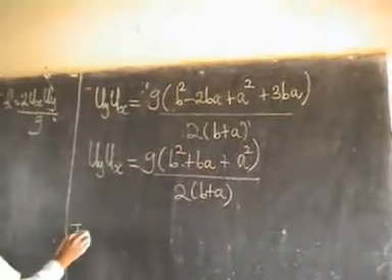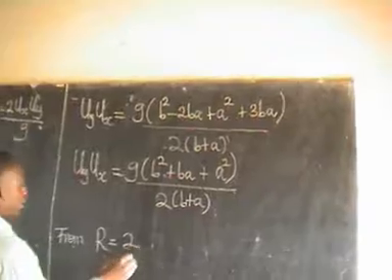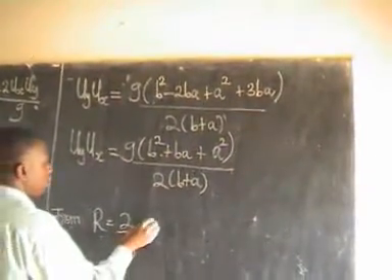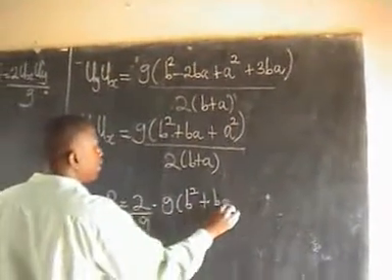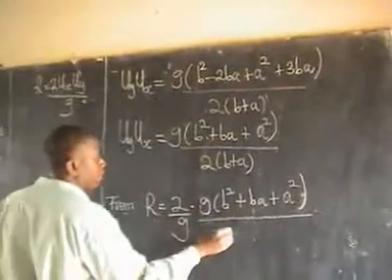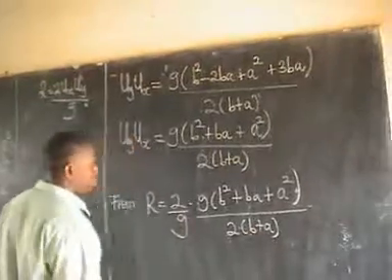Now from our expression of range, r is equal to 2 ux uy over g, into this product, which is g b squared plus ba plus a squared over 2 into b plus a.